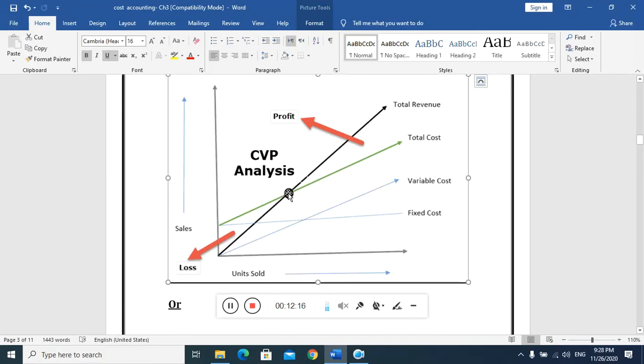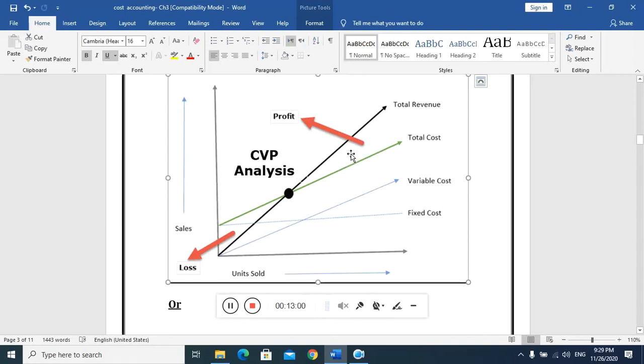The bold point here in the middle is called the break-even point, and we will mention it later. It is the point at which total revenues equal total costs. The area above the bold black point is the profit area, which is demonstrated here by the red arrow, located between the total revenue line and the total cost line.